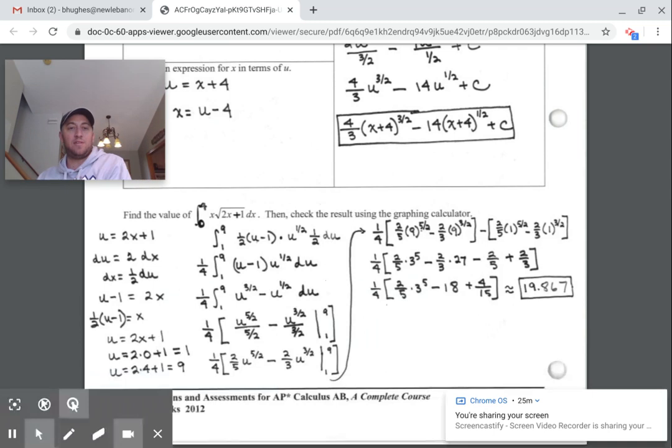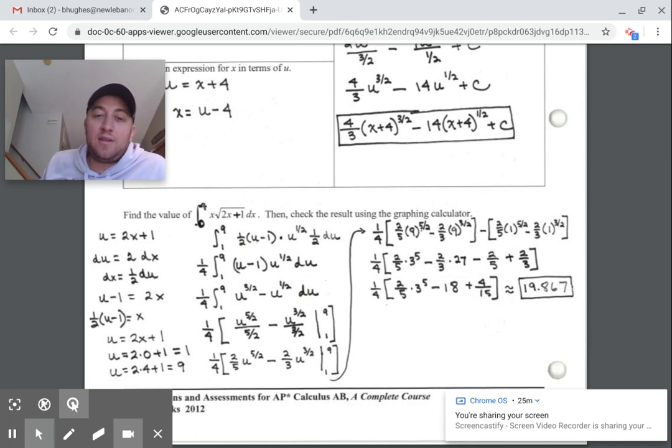All right, so in this last one, we're finding the value of the integral from 0 to 4 of x times the square root of 2x plus 1 dx. Now, here's the nice thing about this in thinking about the AP exam.